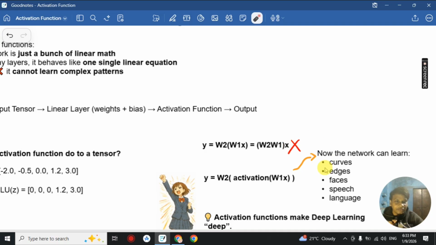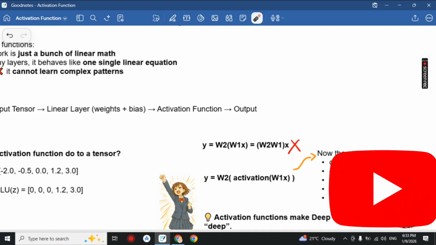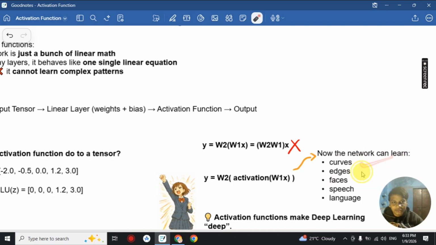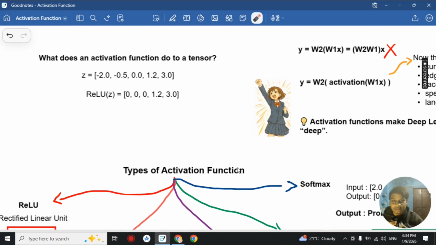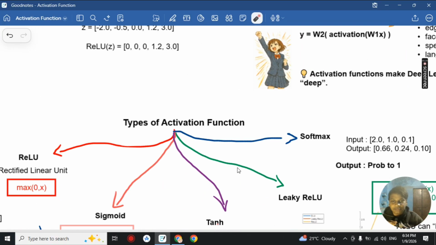That's why it's very important, and by this technique we could learn curves, edges, faces, speech and languages. Basically, the activation function is what makes deep learning deep. This is the conclusion. Now the types of activation function.